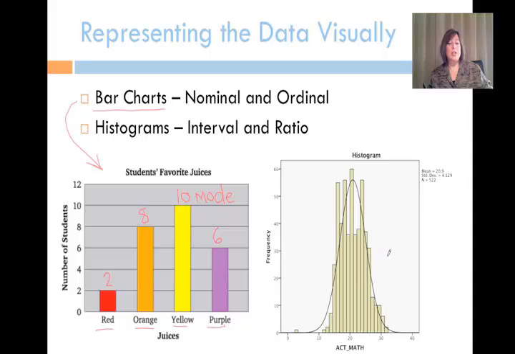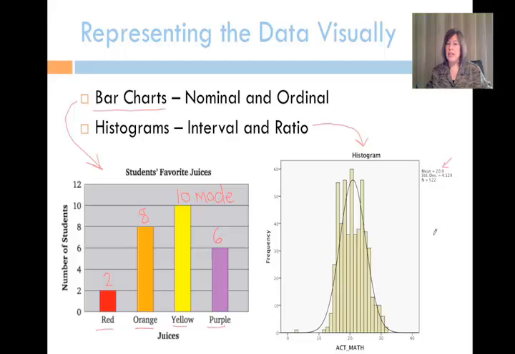For interval and ratio level data, a good way to represent the data visually is with what we call a histogram. And with this, we're just looking at scores on the ACT math test. And the mean is given here because the mean is the appropriate measure of central tendency with interval and ratio level data.